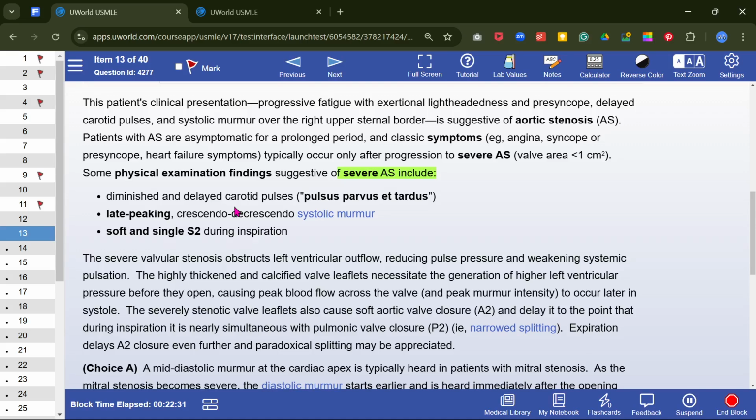Late peaking, crescendo-decrescendo murmur, pulsus parvus and tardus, diminished and delayed carotid pulse.